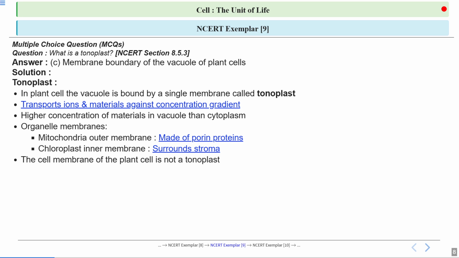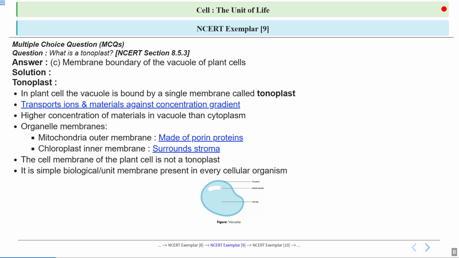They are basically meant for the storage of the waste substances or the extra substances that are produced in the cell, right? So it is a simple biological unit membrane present in every cellular organism. Which one? The cell membrane.